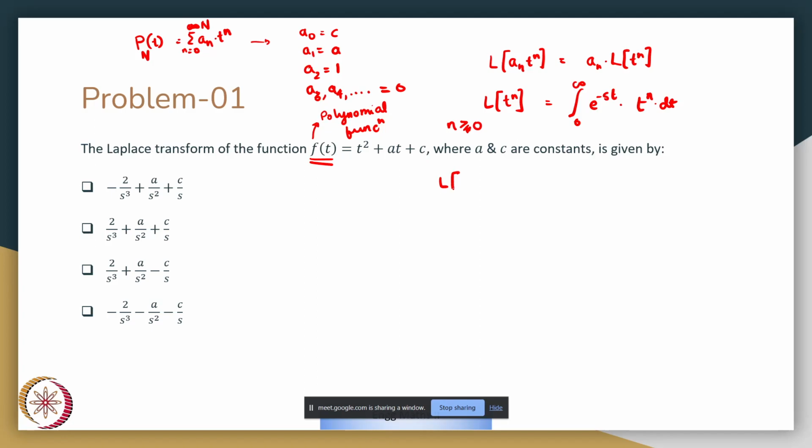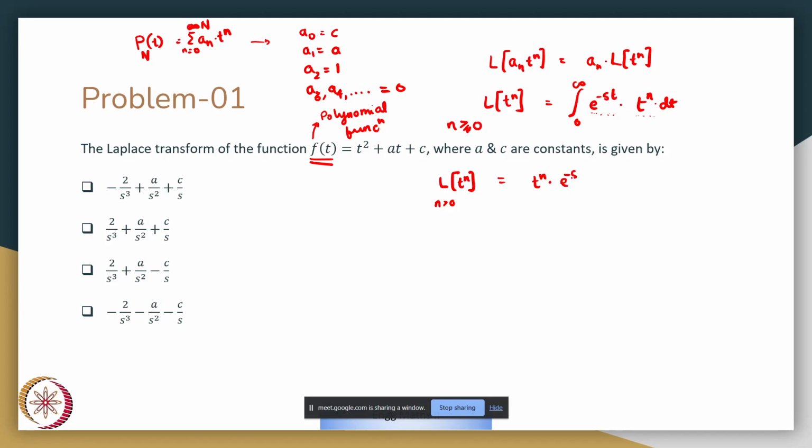So the Laplace transform of t raised to n, where n is greater than 0, is nothing but, we'll now do integration by parts. So we'll integrate the term e raised to minus st and differentiate the term t raised to n.